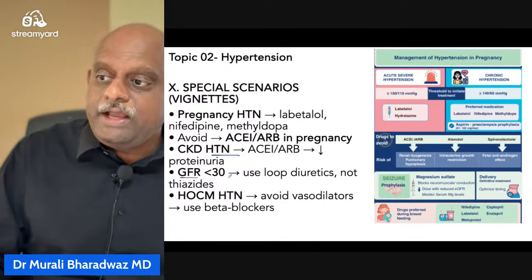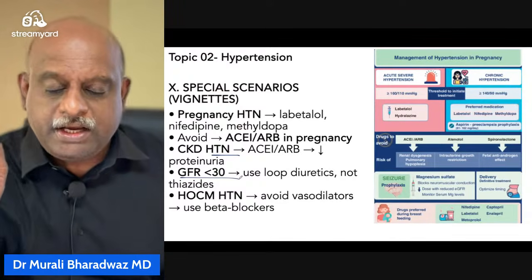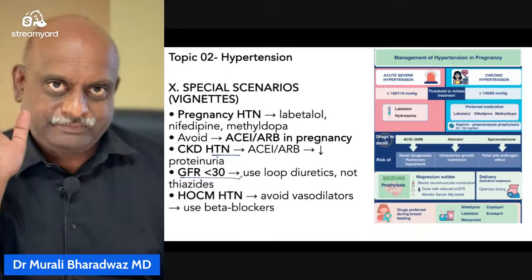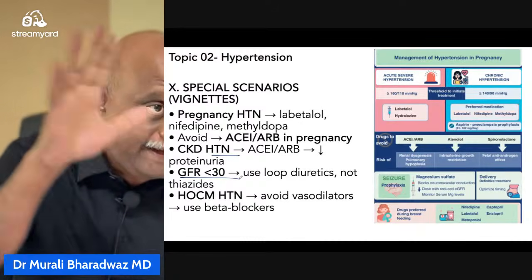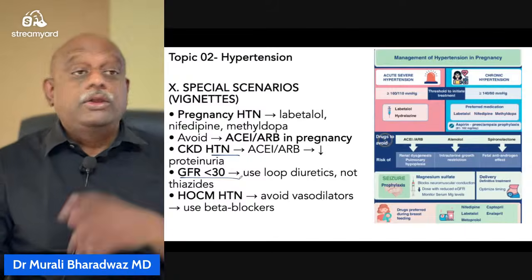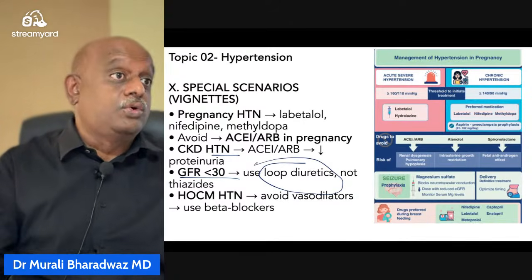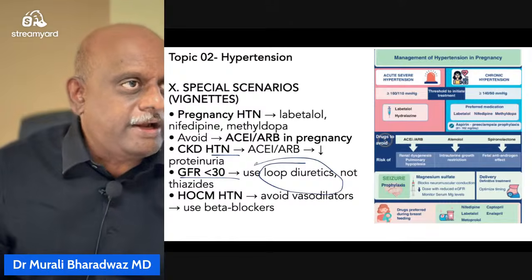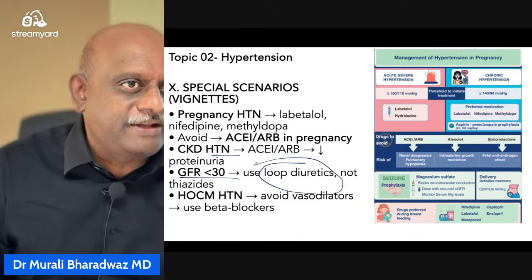Then GFR. There is always a lab investigation called eGFR. When GFR goes less than 30, you need to use loop diuretics, not the thiazide diuretics, rule of the game. Loop diuretics like torsemide, Ditor. You heard of the drug?